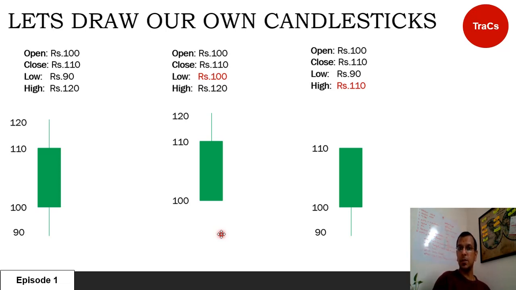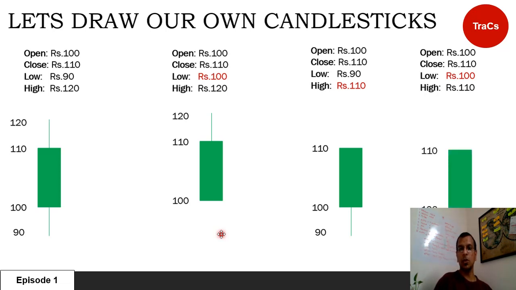Now, what happens when the low and the high is same as the open and the close? In this case, there will neither be an upper shadow nor be a lower shadow. Now, what does this example indicate? In our normal line graphs which we see on the websites, they incorporate the daily close of the stock price and draw a line graph.